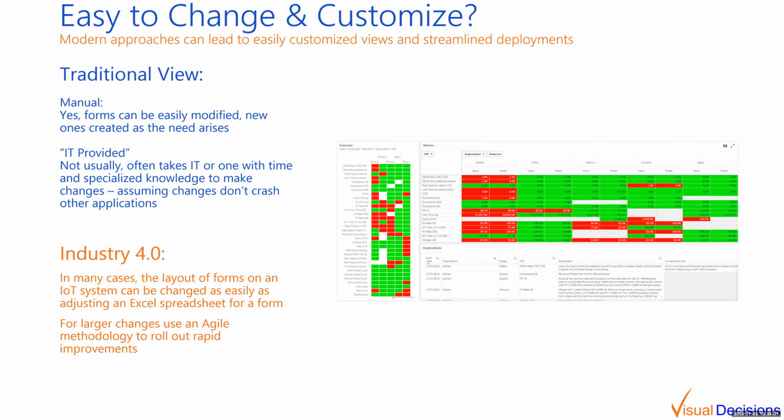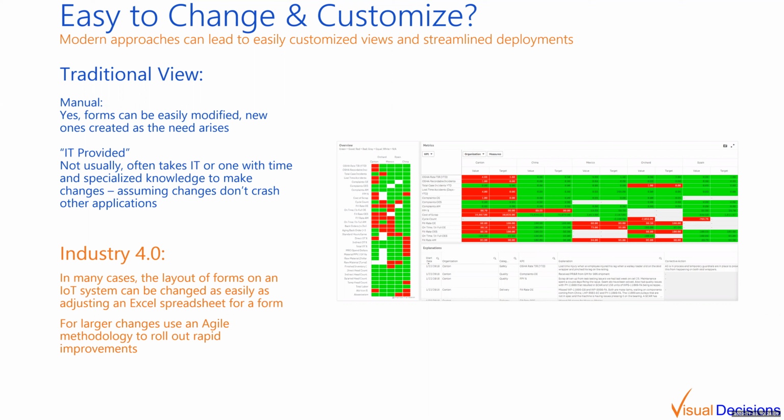In a lot of cases with IoT systems right now, it's not a lot more complex to change some of those reports than it is for somebody to go into Excel and change how the reporting is being captured. As long as the information is being captured and is available, a lot of times, being able to go in there and maintain those UIs is pretty straightforward.